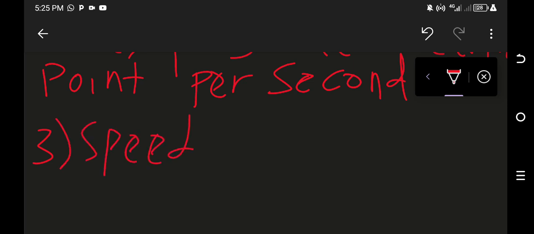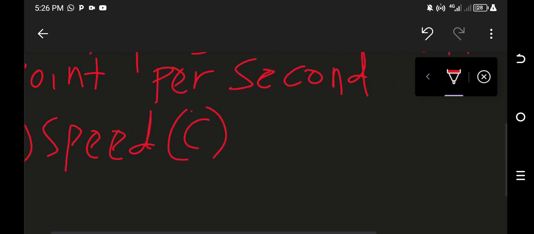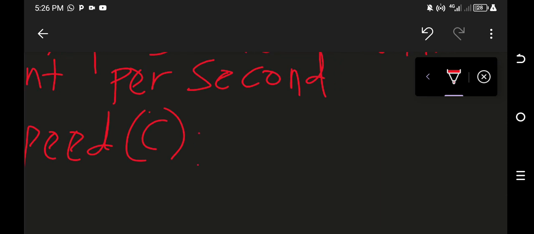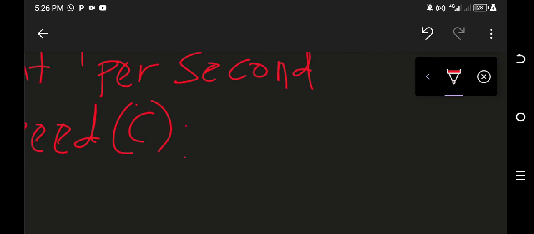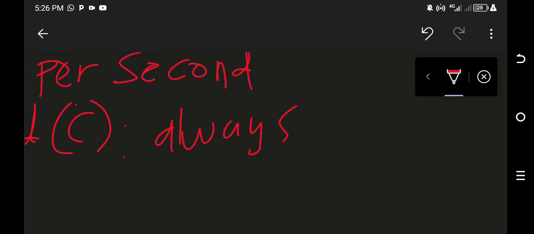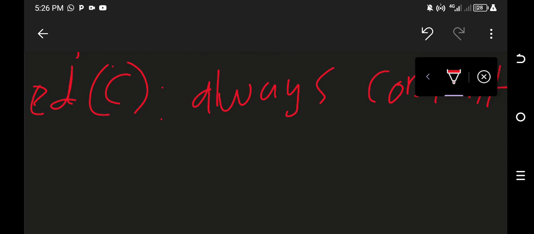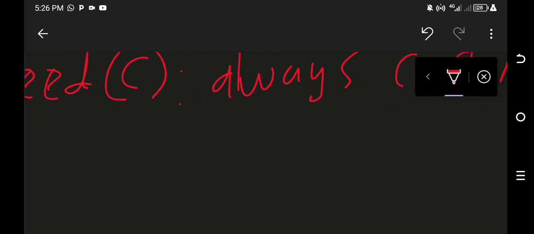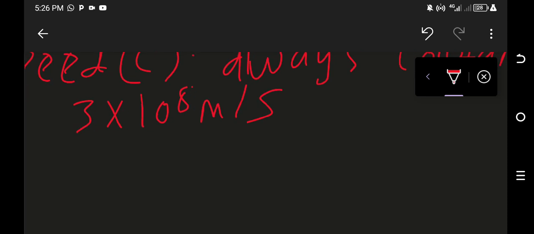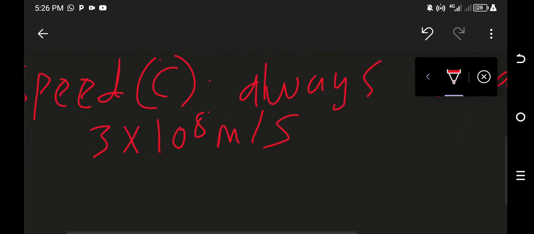They all move at the speed of light, which here is represented by the letter C. So the speed is always constant, and they all move at the speed of light, which is 3 times 10 to the power 8 meters per second. So that's it.